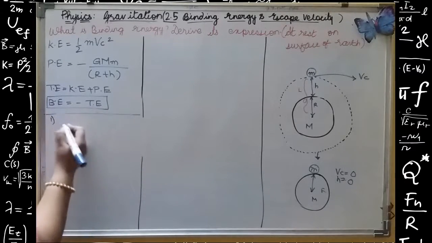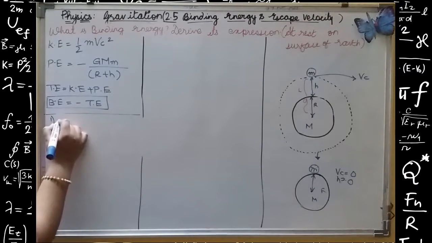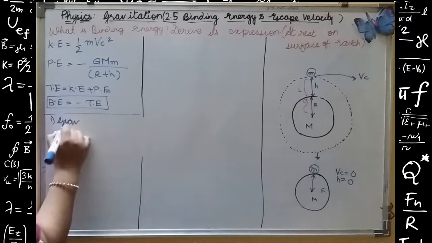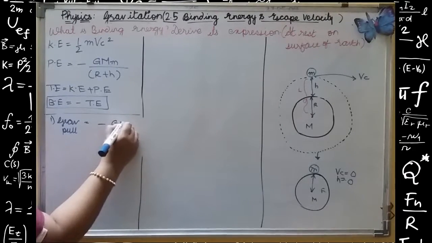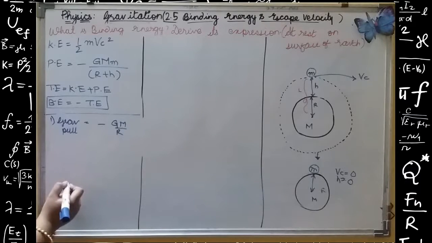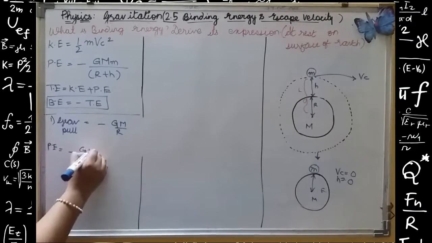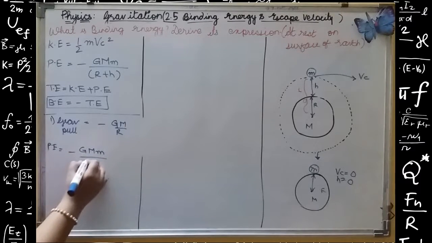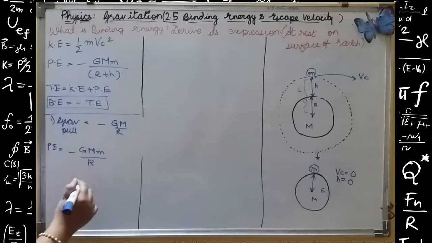First scenario is, since the body is at the surface of the earth, there will be some gravitational pull experienced by the body, which would be nothing but minus GM upon R. Potential energy would be minus GMm upon R, since there is no height here.